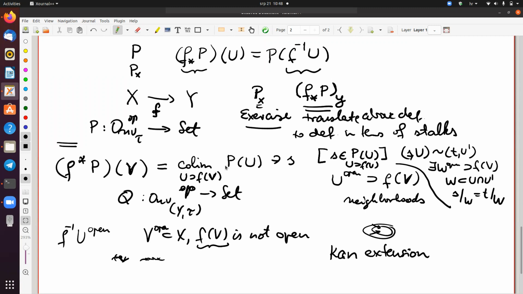You can't construct P of V. You want to replace this with something which is in some sense the best possible, and the best possible approximation is this. So in general, Kan extensions are some sort of closest approximations in the sense of category theory. So this is extremely important.